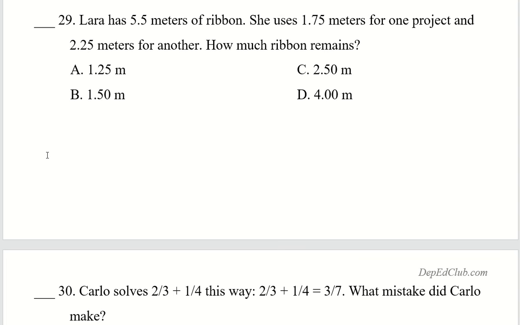29. Lara has 5.5 meters of ribbon. She uses 1.75 meters for one project and 2.25 meters for another. How much ribbon remains? Meron daw siyang 5.5, and then she uses 1.75 and 2.25. There are two ways. Pwede po na 5.5 minus 1.75 and then your answer minus ulit, or pwedeng i-plus nyo muna tong ginamit niya.